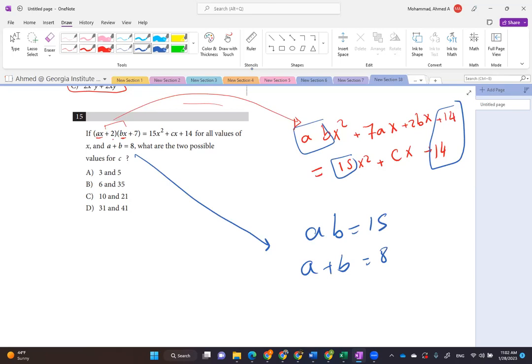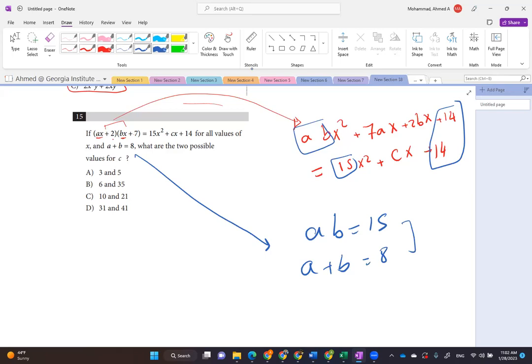So can I find the value of A and B by using these equations? Yes. What is the two number? When we multiply them together, we have 15. And when we add them together, we have 8. 3 and 5. Yes, exact. You said what? 3 and 5, right? Okay. So 3 and 5.